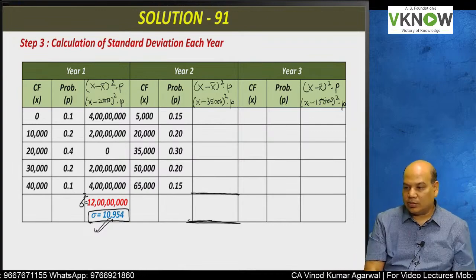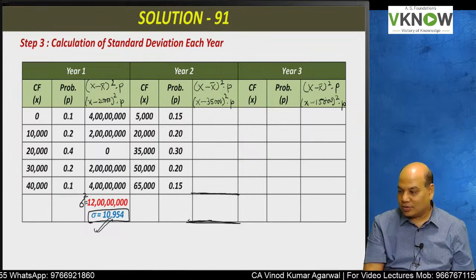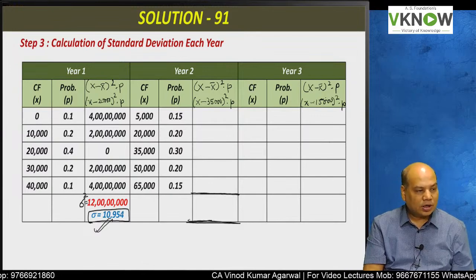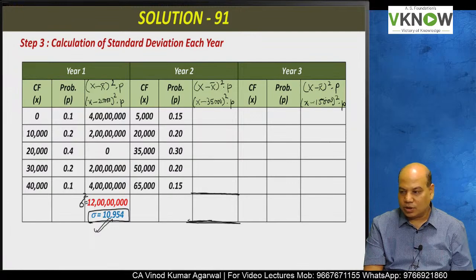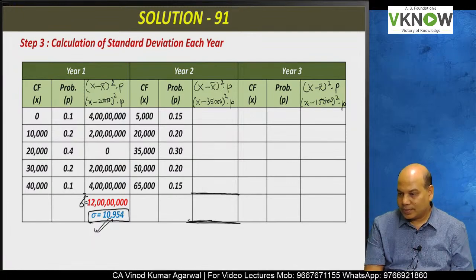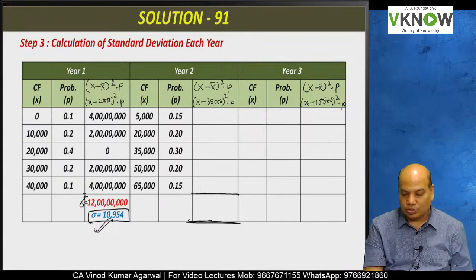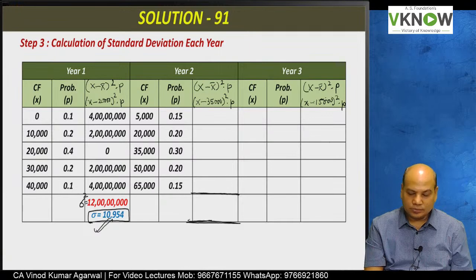Year 2 you will solve yourself and give me the total. (5,000 minus 35,000) square into 0.15. (20,000 minus 35,000) square into 0.2. What is the total?